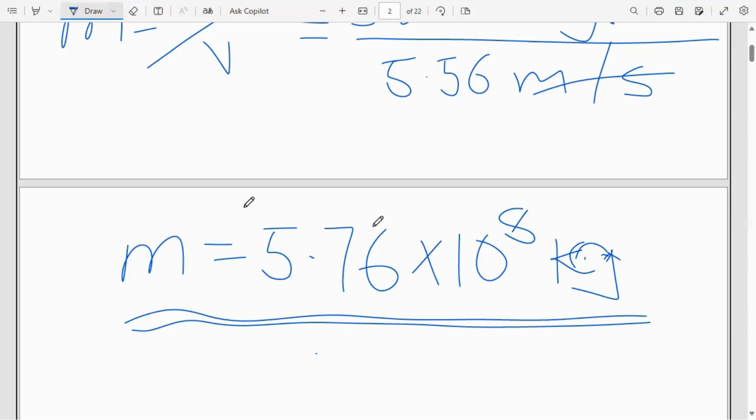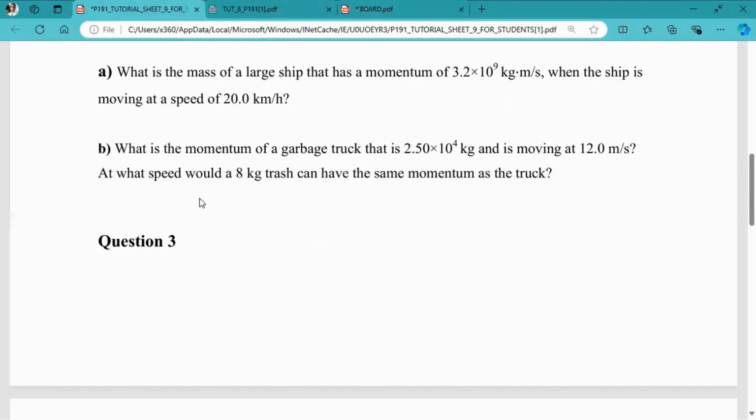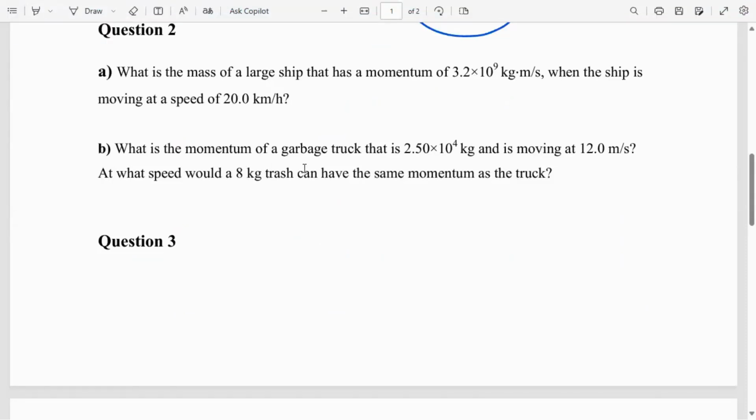Question B, another fairly interesting question, is saying, what is the momentum of a garbage truck that has a mass of 2.50 times 10 to the power 4 kilograms and is moving at 12 meters per second? So we're supposed to find the momentum.